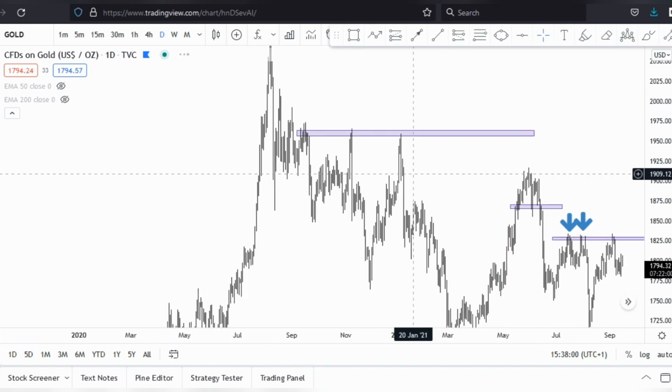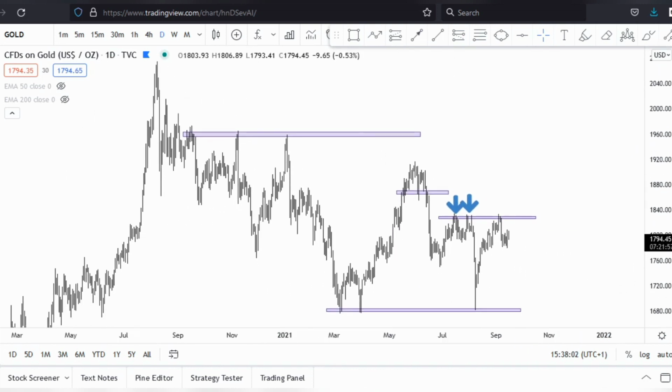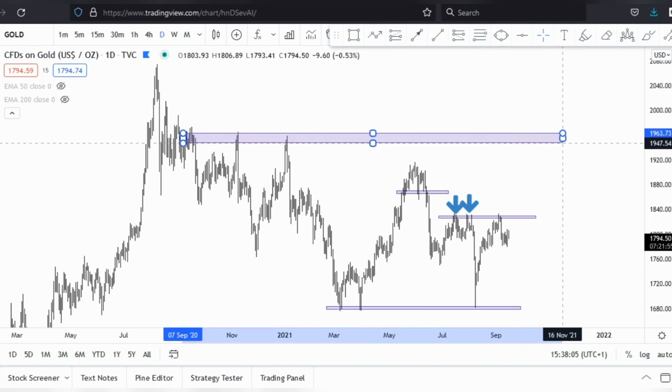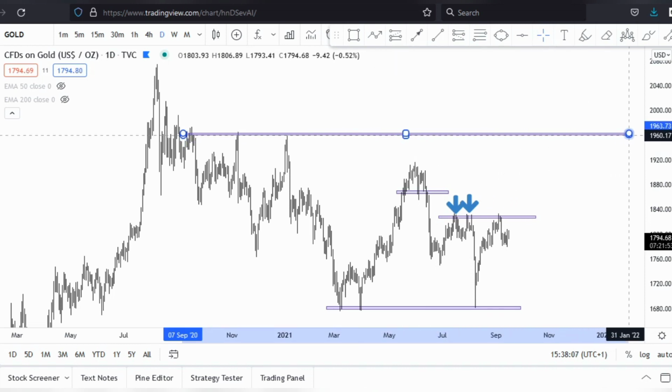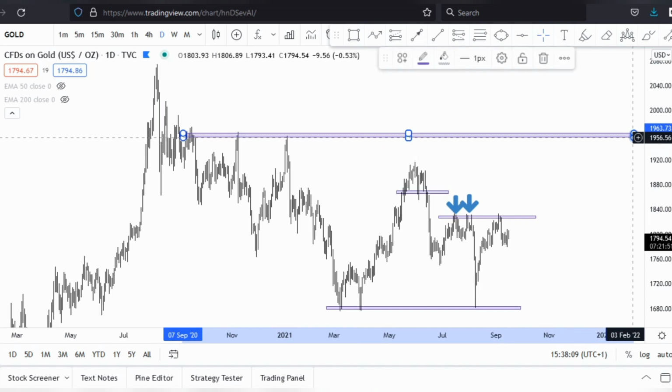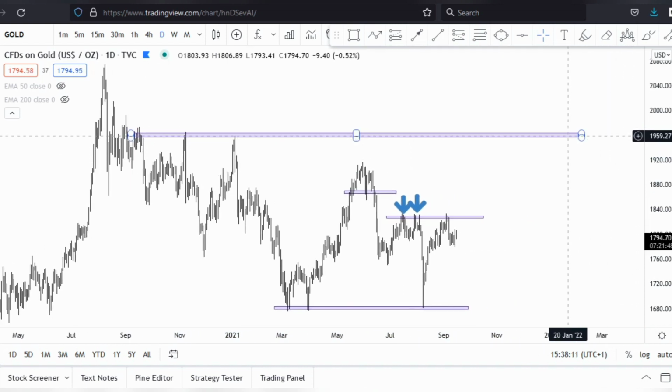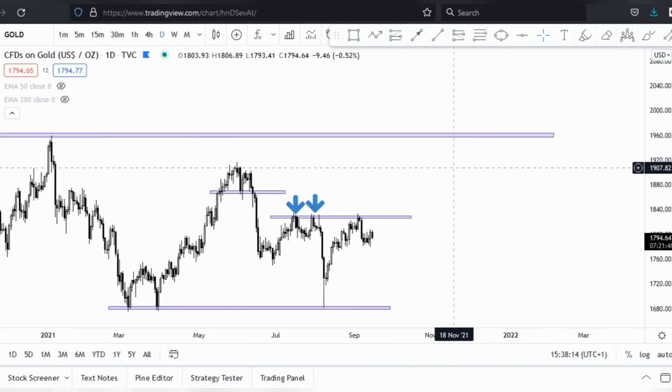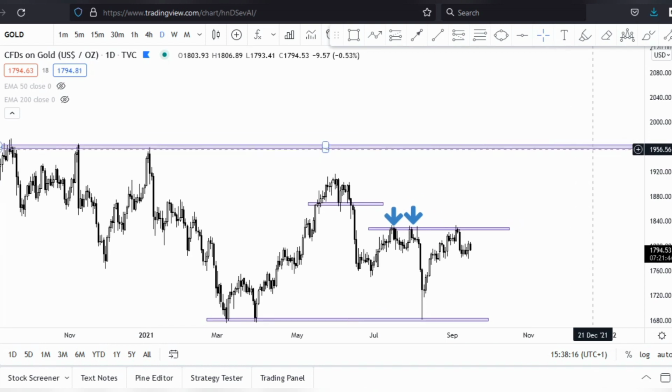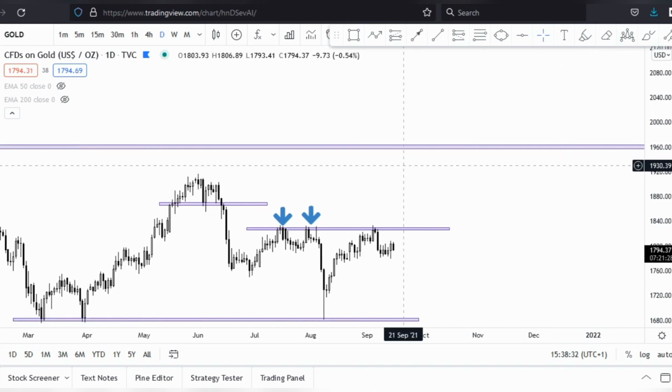So price hasn't gotten to this yet, but if you take this area all the way here, then you will know that in future, when price gets to this area, it's most likely to hold and not break above this area. So when price gets here, you should be looking for a sell signal. Although if price manages to break above this area, then this area down here, if tested, will become a strong support level after that. Okay.